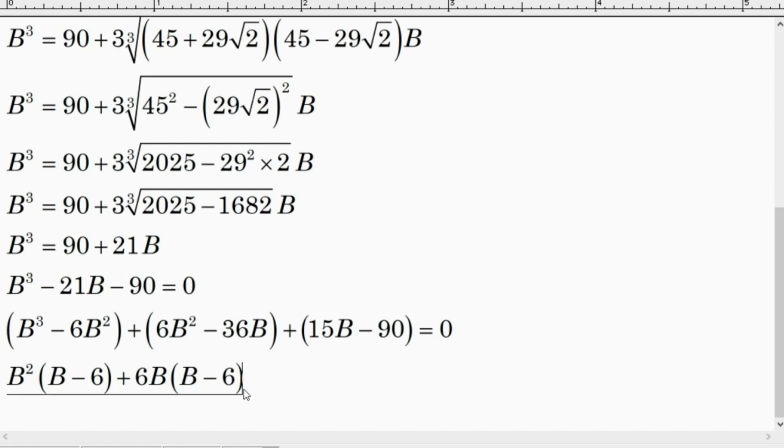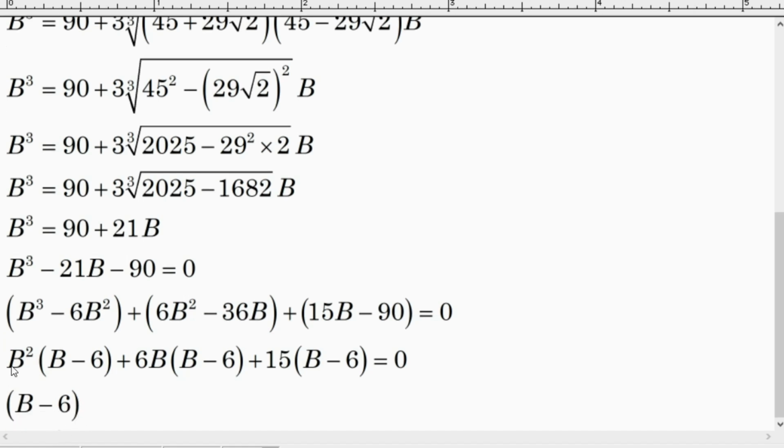And then plus, we factor 15 out, and we get b minus 6, equal to 0. As we can see, in each term of this equation we have b minus 6, so we can factor b minus 6 out of that equation.